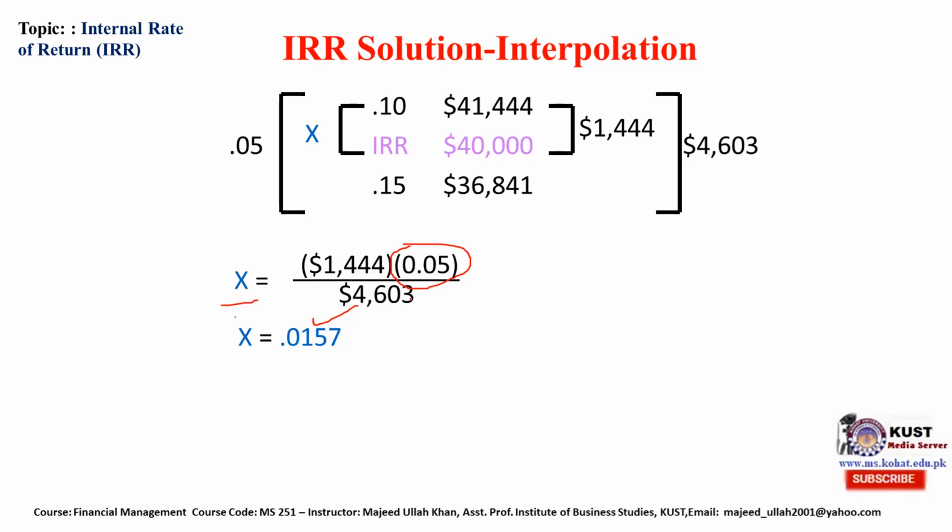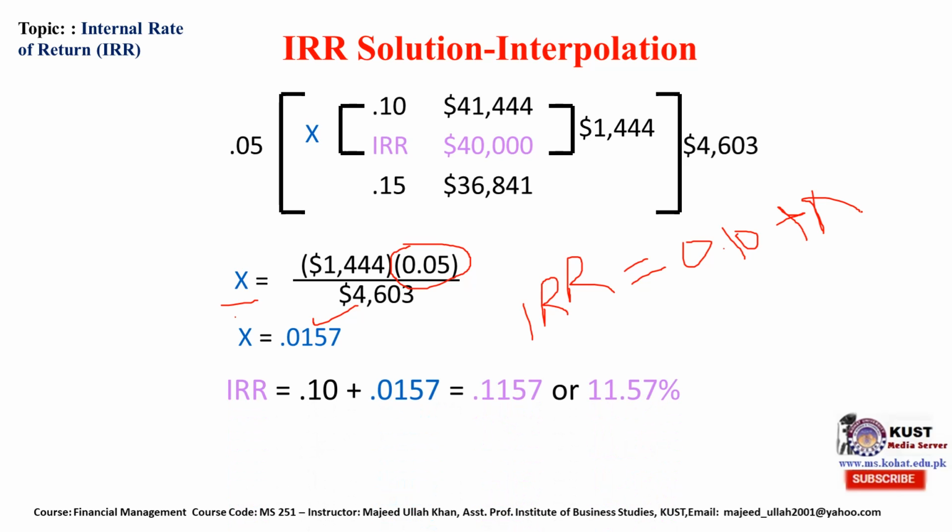So now how we will calculate IRR. IRR is equal to this 10%, 0.10 plus this x. So IRR is equal to what? This 10% and then x value, which is equal to 0.1157 or 11.5%.